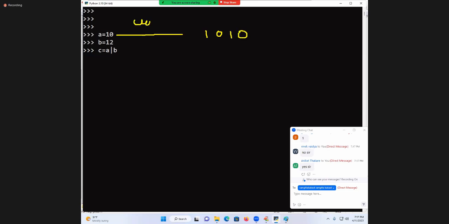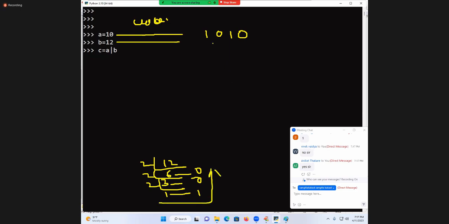I'm not writing the leading 0s, only 4 bits I'm taking. What is 12? If we take 12 here, it is 1, 1, 0, 0. Anybody who doesn't know, I'm just writing. Next, what is the answer now?